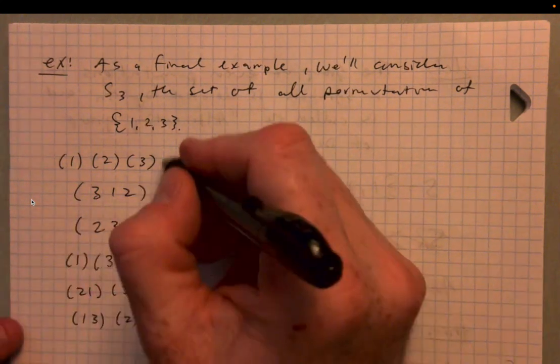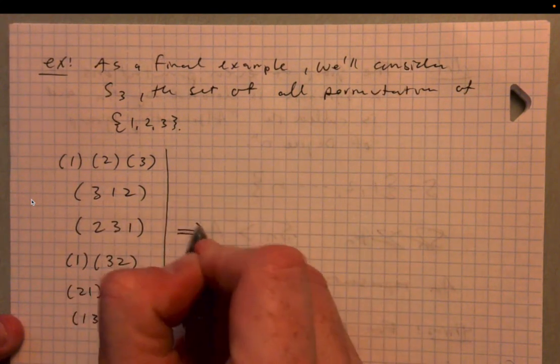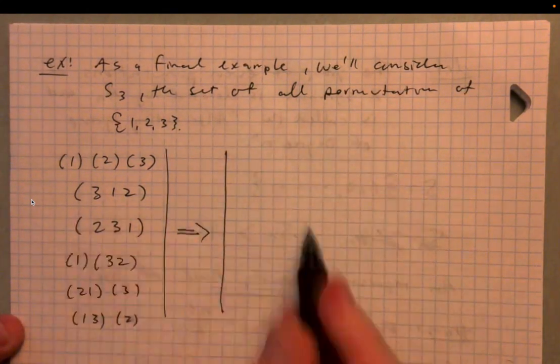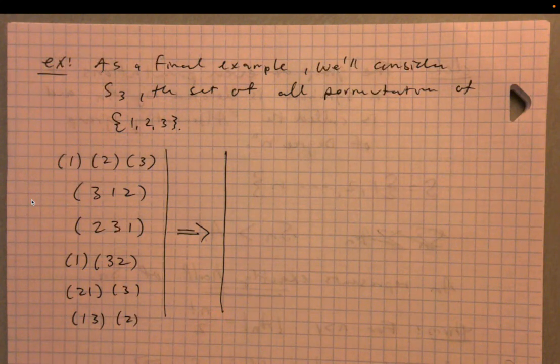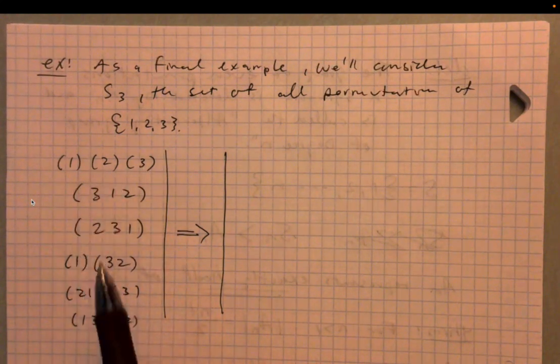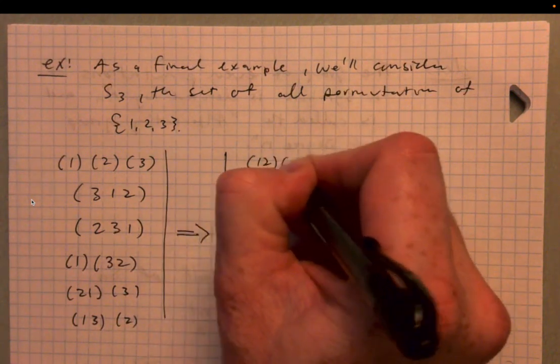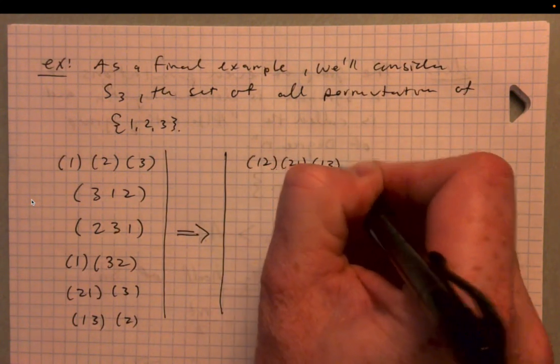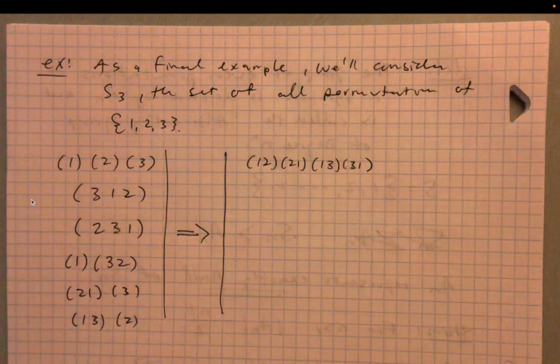And these can all be expressed as 2 cycles, right? So we can move these over. Now, the identity is a little weird, but it can be expressed like this: (1 2)(2 1)(1 3)(3 1).